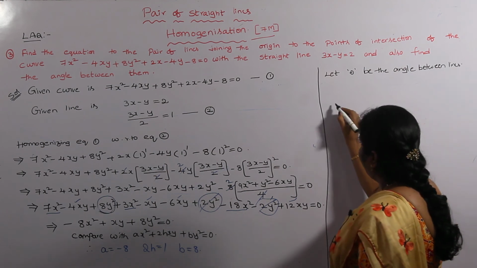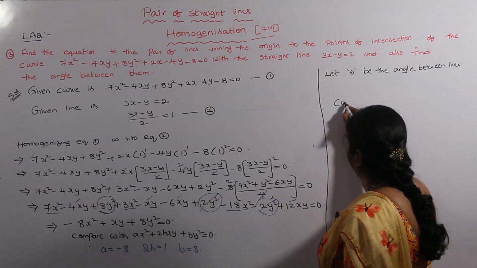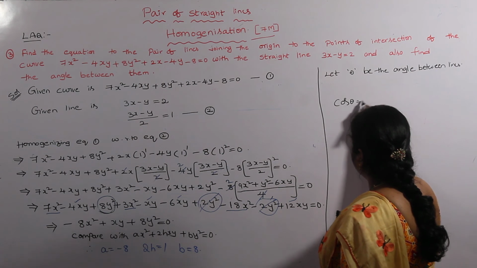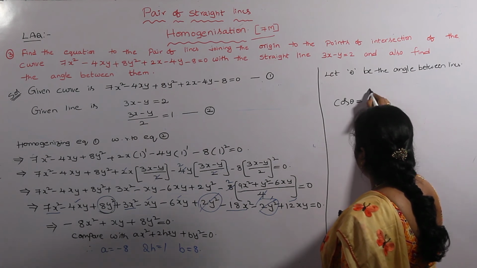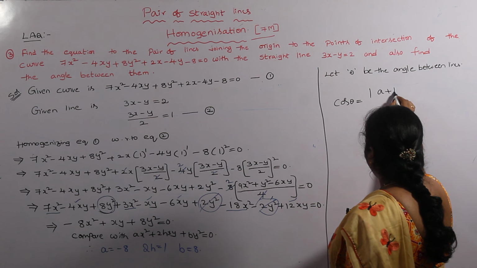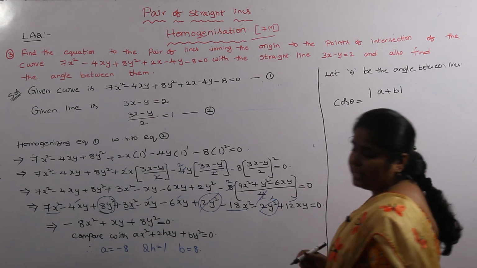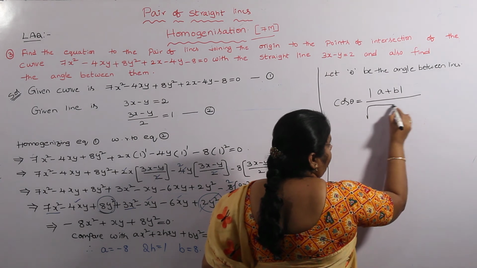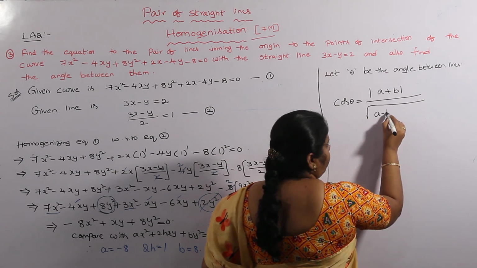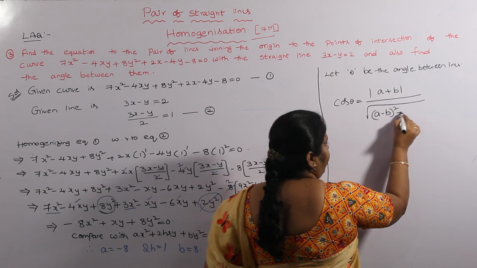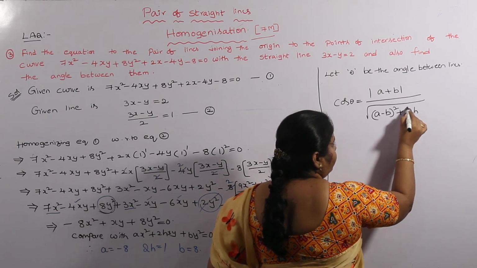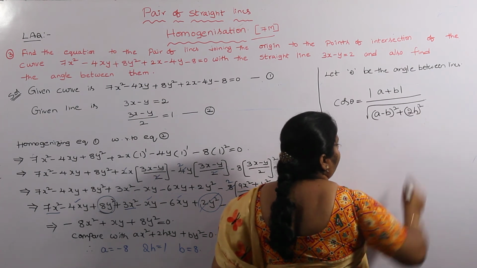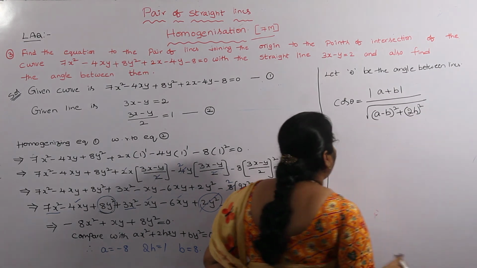That implies we have the formula for finding the angle, that is cos theta is equal to modulus of a plus b by root over a minus b whole square plus 2h whole square. This is the cos theta formula.